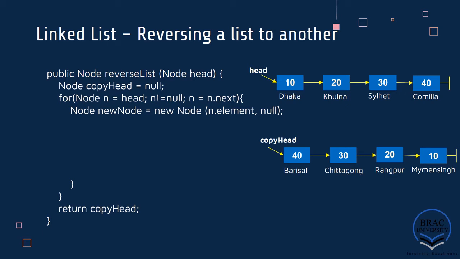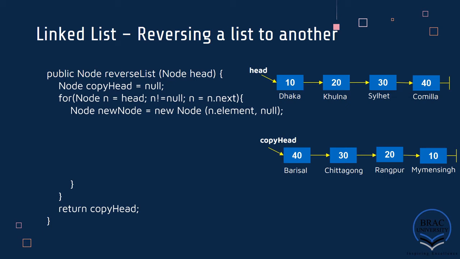In the previous case, the head could not be changed because the head should be the first element, but here the last element is the first one that is going to appear in our new list, so we can change the copy head reference. That's why we don't need any copy tail here.